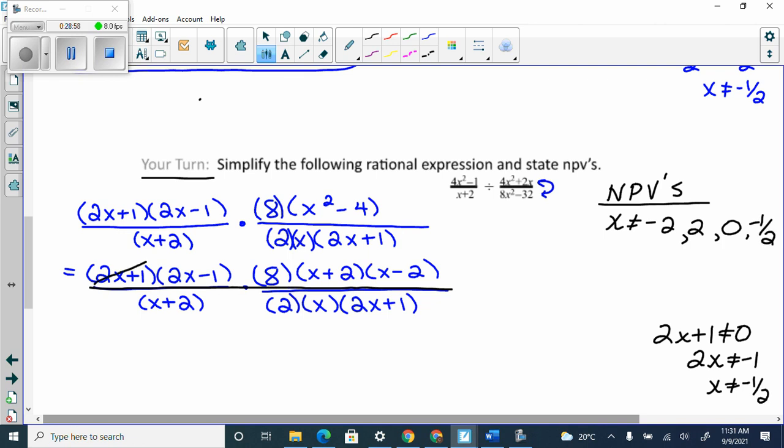Then the 2x plus 1's cancel. The x plus 2's cancel. This one has an x, but there's no single x's on the top, right? So we're going to be left with an 8 on the top, 2x minus 1, x minus 2, over 2 and x.